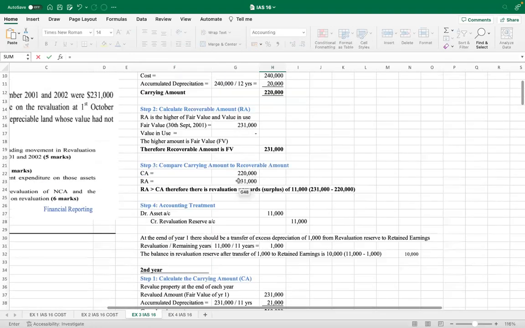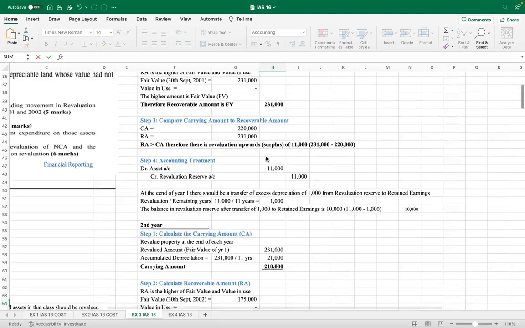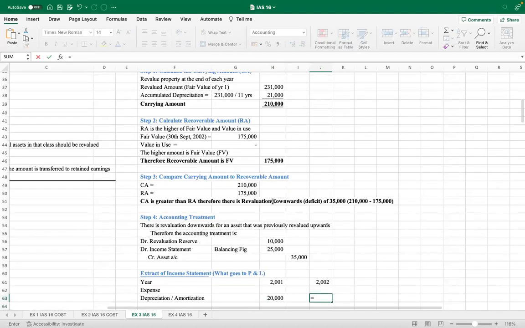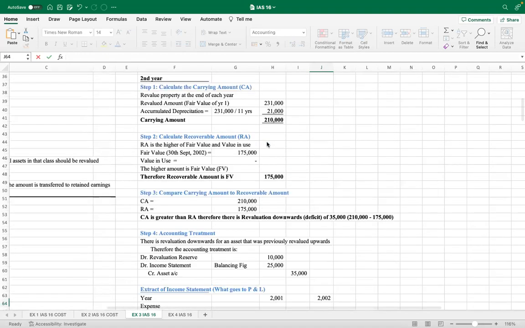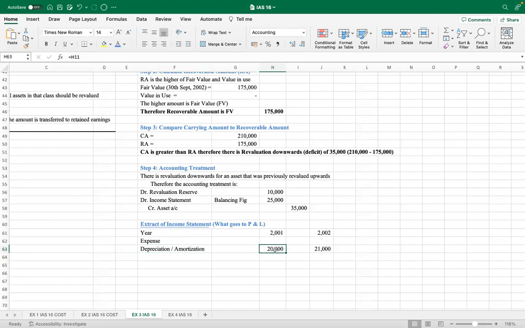We said it is how much? Year one. Where did we calculate it? Here. Year one, depreciation was 20,000. Year two, depreciation is 21,000. You have earned all the full marks for the income statement. So what goes to the income statement is amortization, 20,000 in the first year, 21,000 in the second year.